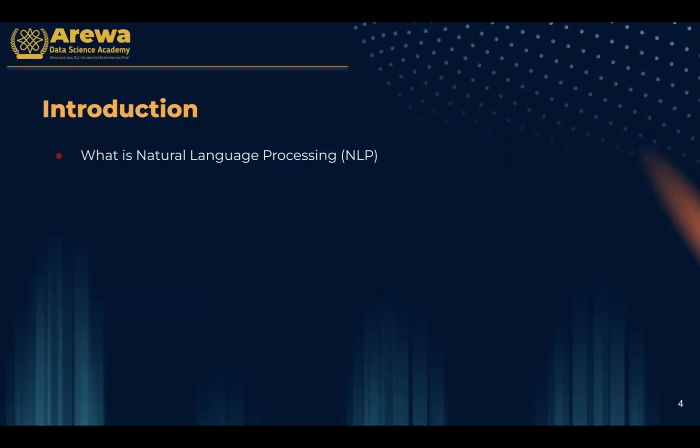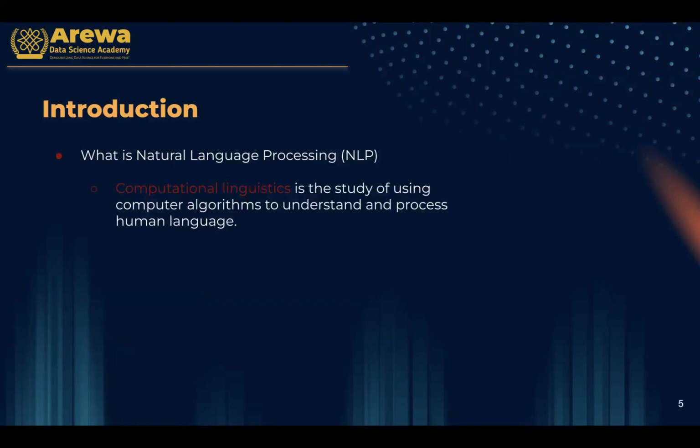So what is NLP? When you are working in NLP, you will be hearing the term computational linguistics. There are normal humans that do linguistics. You will see a professor in linguistics, a person that did his degree in linguistics. What is linguistics? Linguistics is the study of human languages.